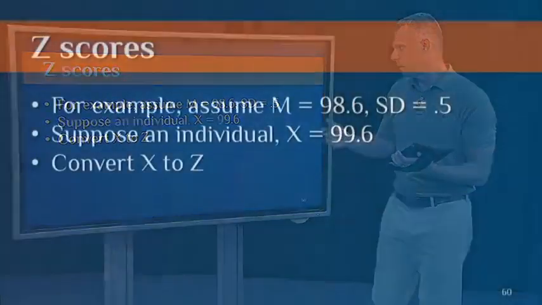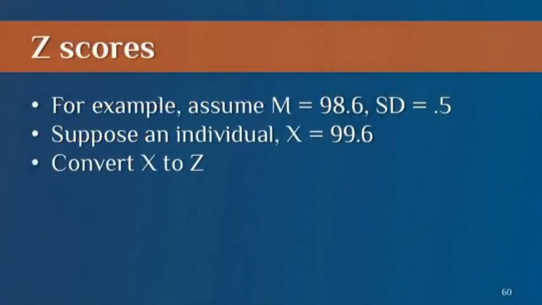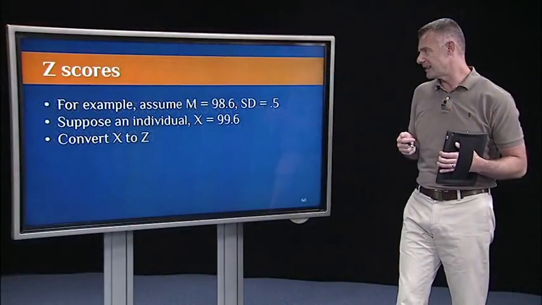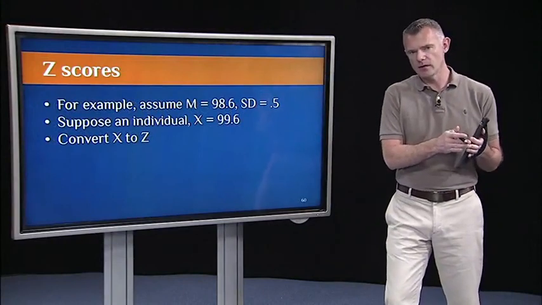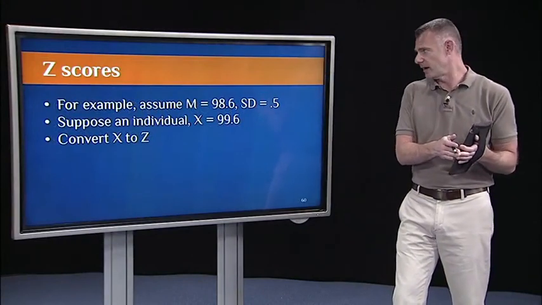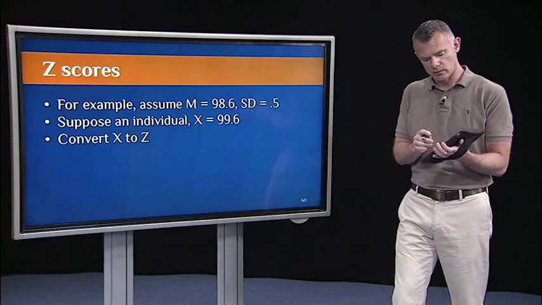So just to be clear, let's assume we have a normal distribution of healthy individuals where the mean body temperature is 98.6 degrees Fahrenheit and the standard deviation is about 0.5 degree. Suppose I pick one individual from that distribution at random, and that individual's body temperature is 99.6 degrees. Now I want to convert that raw score, that x of 99.6, to a z-score.